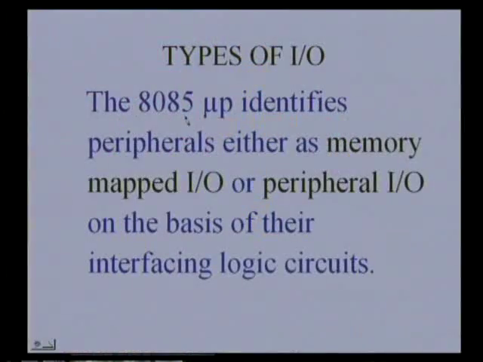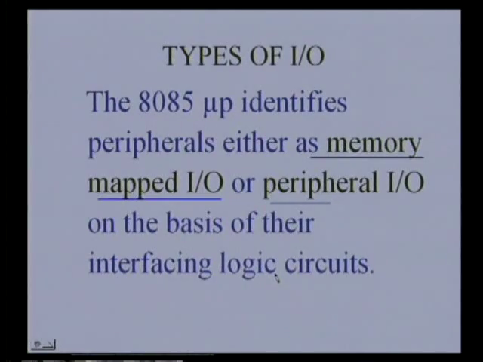Now let us see different types of IOs. That is how the microprocessor identifies interfacing, that is IO devices. See here, the 8085 microprocessor identifies peripherals either as memory mapped IO or peripheral IO on the basis of their interfacing logic circuits.